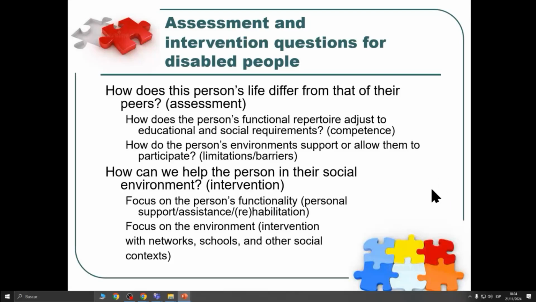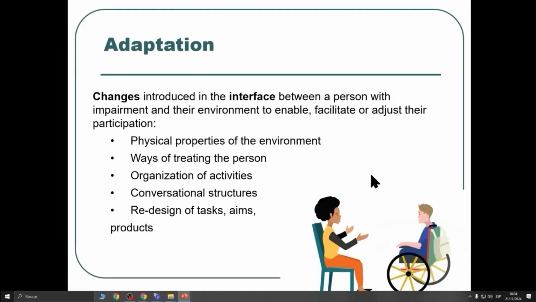This is a very quick introduction to the social model of disability and how I believe it should condition the way we teach disability studies. And there's a crucial notion here, which is that of adaptation and accommodation. Those of you who are into constructivist psychology, Piaget, it is the same notion of adaptation and accommodation.